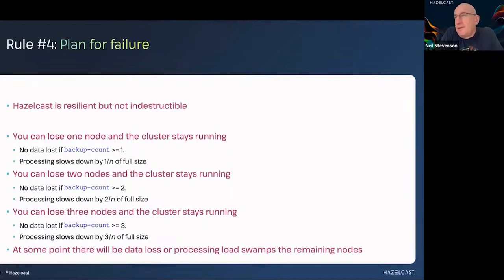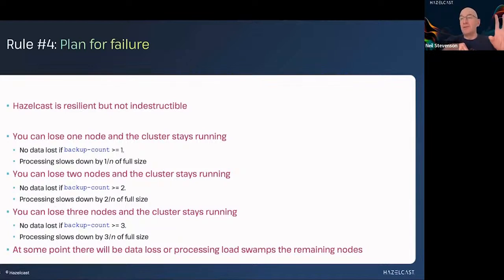So you can lose a node if you had that 140, or whatever number of Hazelcast nodes you happen to have. There are considerations around processing speed and data loss. We mentioned earlier that when you write a data record into Hazelcast, the default backup count is 1, so there is 1 backup.